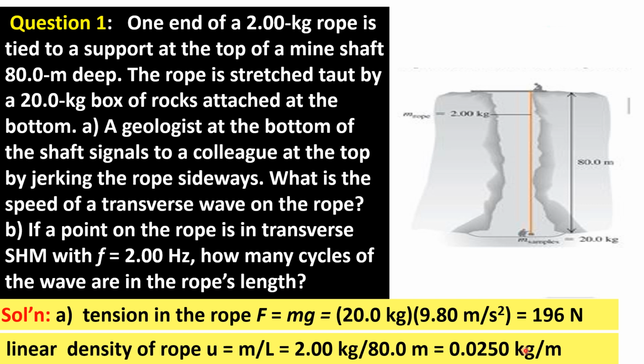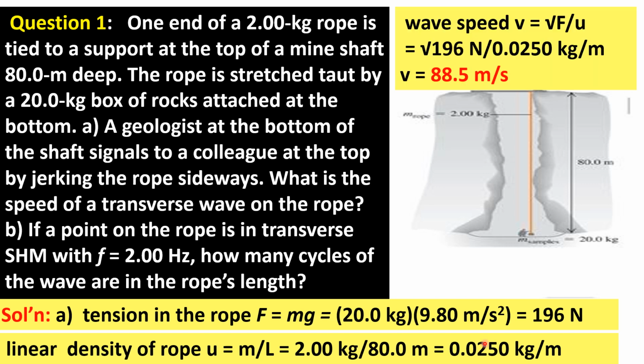These two quantities, the tension in the rope as well as the linear density of the rope, will be our basis in determining the speed of the transverse wave produced on the rope. We use the formula v equals the square root of the force F, the tension in the rope, divided by its linear mass density mu.